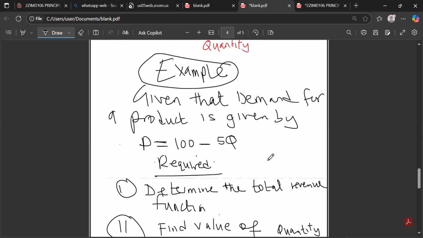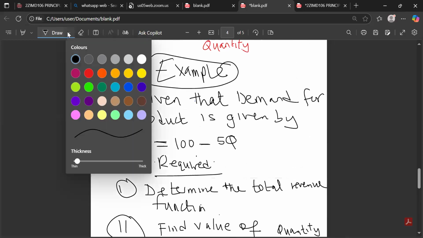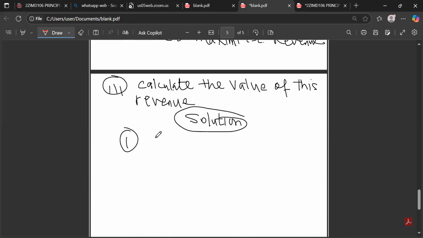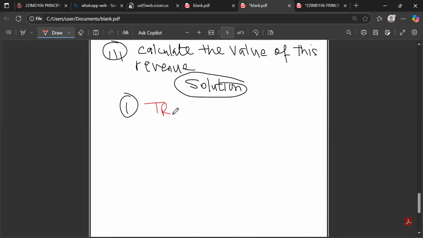When you have this question, you need to say our total revenue, TR, is equal to price times quantity.